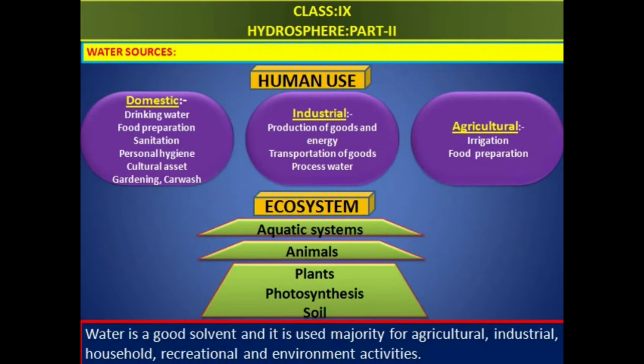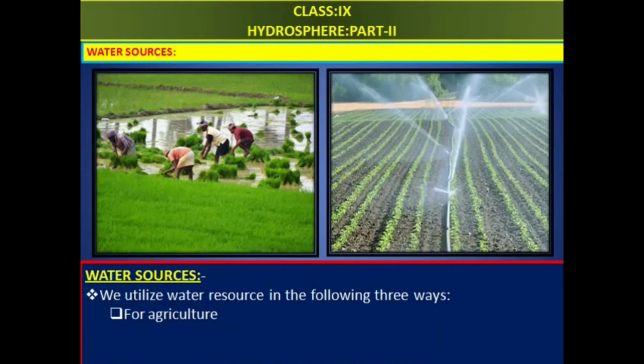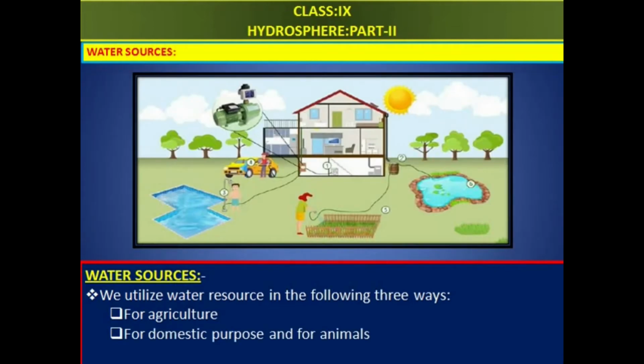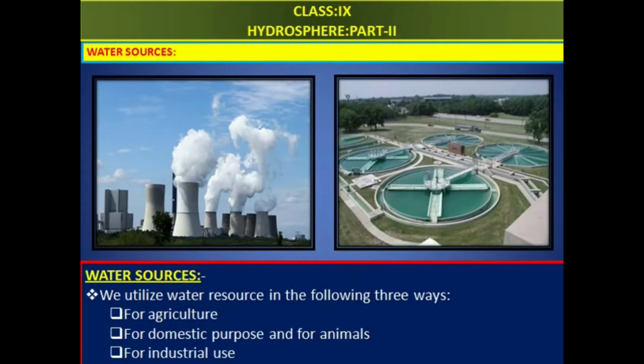Now let us know in detail about different water sources. Water is a good solvent and it is used mostly for agricultural, industrial, household, recreational and environmental activities. We utilize water resources in the following three ways: for agriculture, for domestic purposes and animals, and for industrial use.